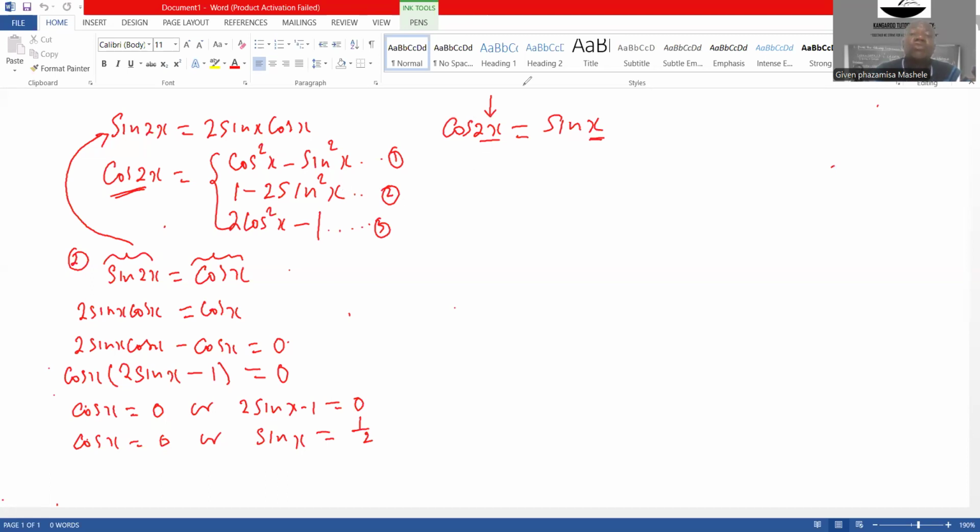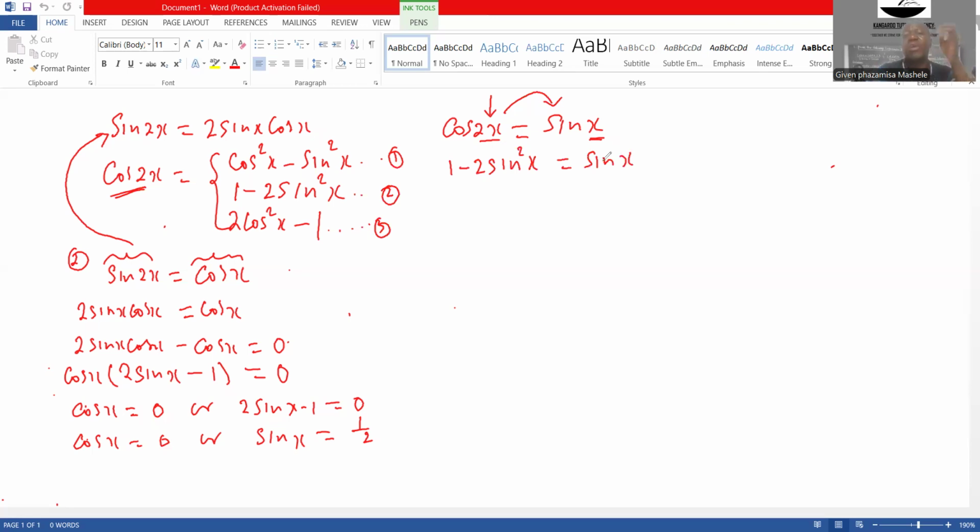The best way to choose the correct formula is to be guided by what you have here. Here we have sine x, so we must take the double angle for cos that has sine only. Which one? The second one. So we have 1 minus 2 sine squared x equals sine x.